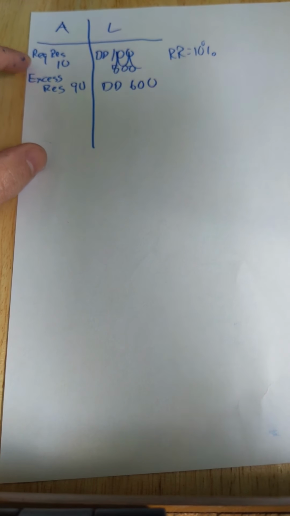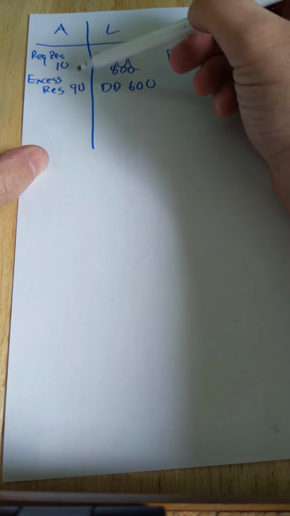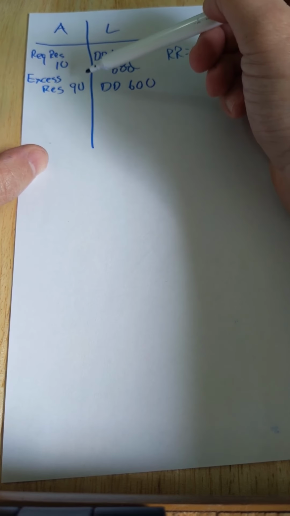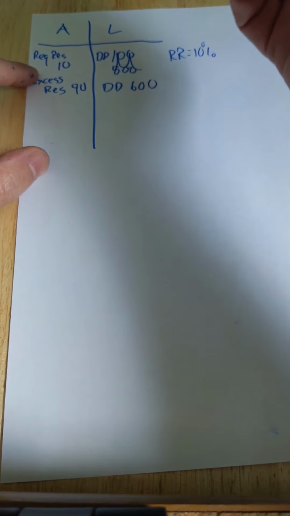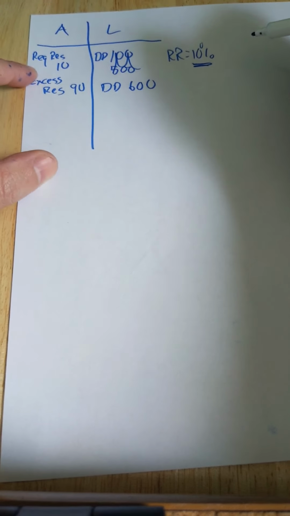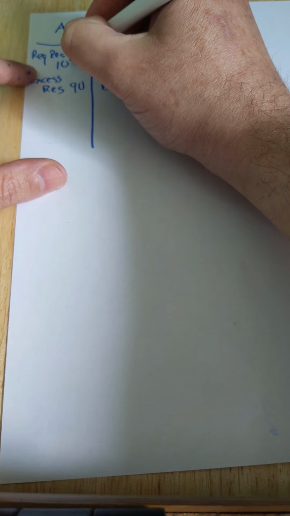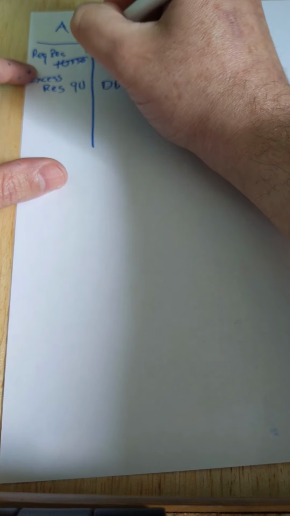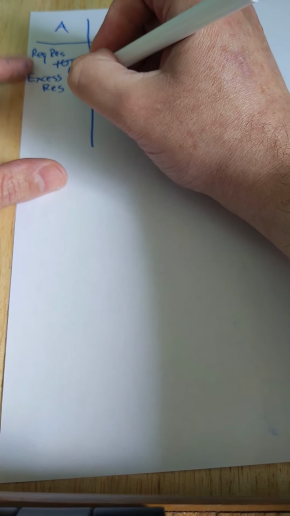If somebody does that, you now need to figure out where the money, you have to put money in both categories. So of that $500, they have to keep 10%, so that's 50. So 50 will go into here. So that's 10 plus 50, which gives us 60. And then the other 450 goes in the excess. So that's 90 plus 450 is 540.